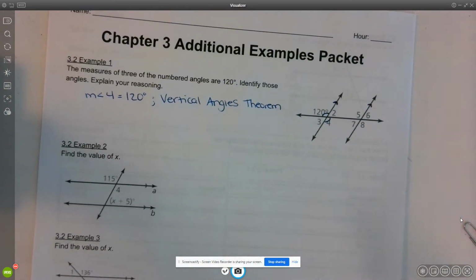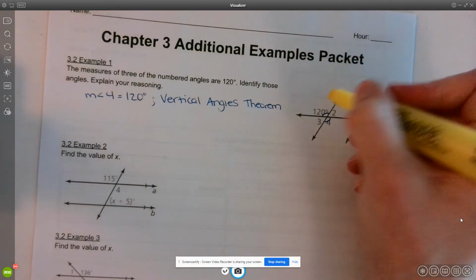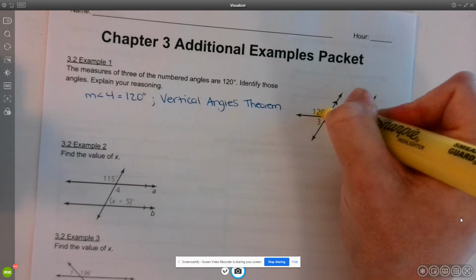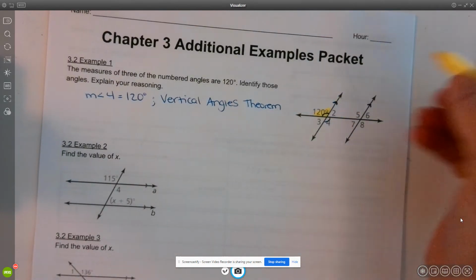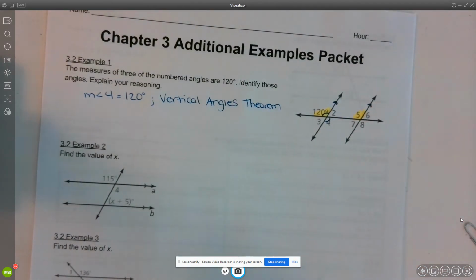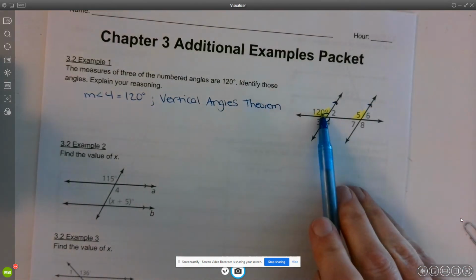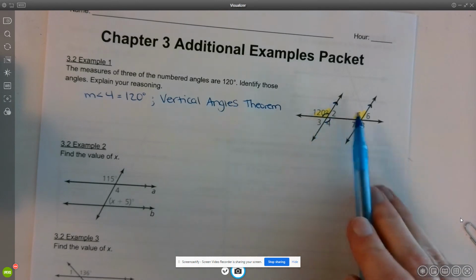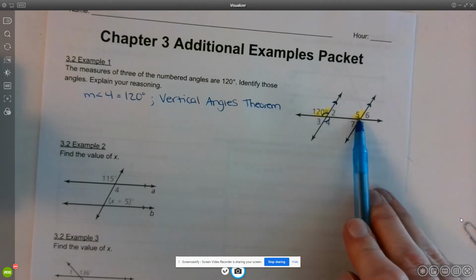So I've got one of my angles. I'm trying to find the other angles in this picture that are also 120 degrees. I know that this angle here, this 120 degree angle, is a corresponding angle to angle 5. Remember, corresponding angles are matching. They're in matching positions. So both of these angles are in this top right corner here.